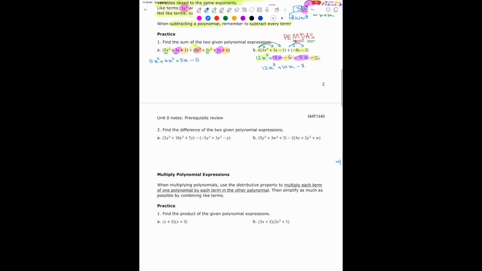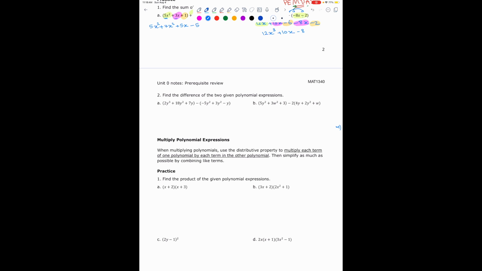I will do the last thing on page number 3, and then we will move on to a different concept. Find the difference of the two given polynomial expressions. When you are subtracting polynomial expressions, the main idea here is to distribute the negative sign inside of the parentheses. If you don't do that, then you're going to end up having the wrong answer.